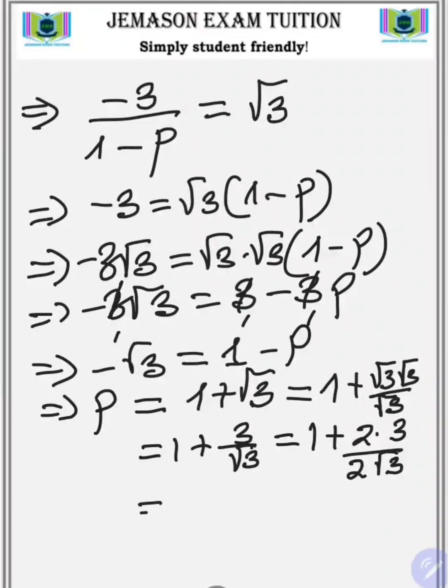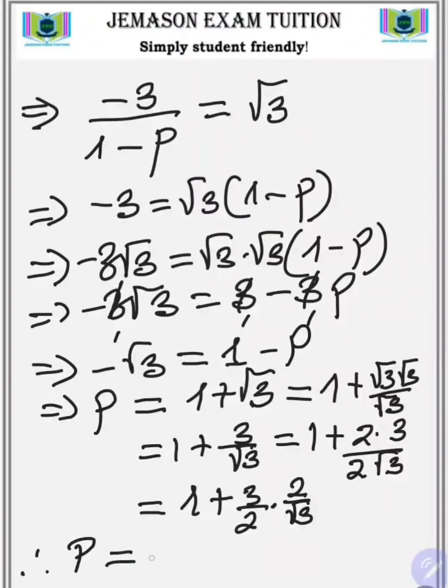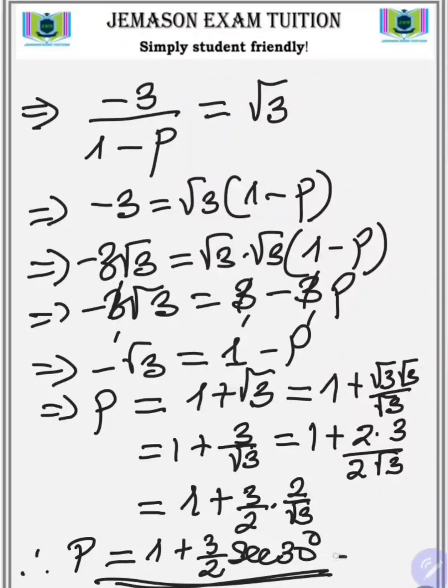In the end, we have 1 plus 3 all over 2 times 2 all over root 3. Therefore, p equals 1 plus 3 all over 2 sec 30 degrees as required. Remember, 2 over root 3 is sec 30 degrees.